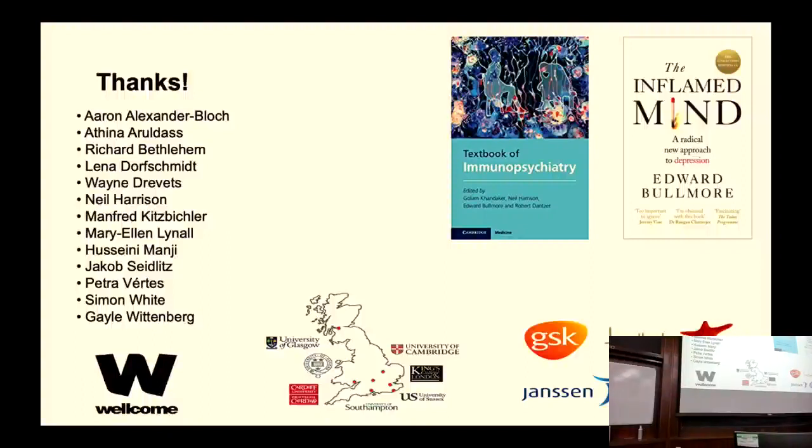But I'd caveat that by saying, in order to investigate all these ideas, what you'd really want is a readout of brain inflammation, not blood inflammation, and that is what we don't have at the moment.